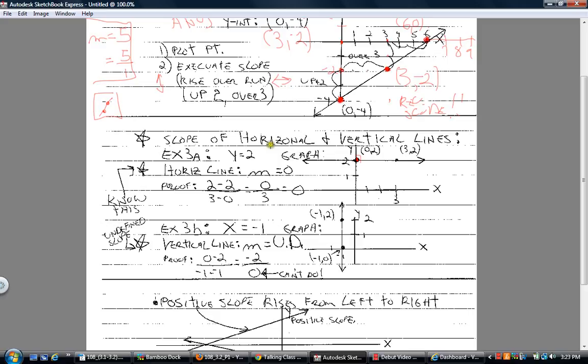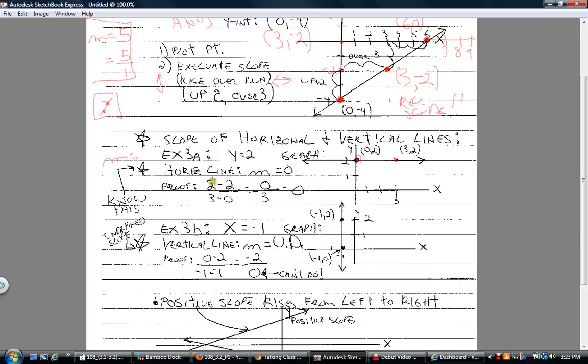And now the question is, what's the slope? What is m? You need 2 points to determine a line. You got 0, 2. I chose another point on there. I just went over 3 units on the x, and I called it 3, 2. And then I executed a slope. Slope was rise over run.